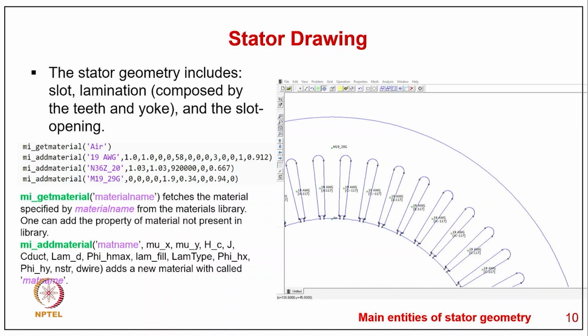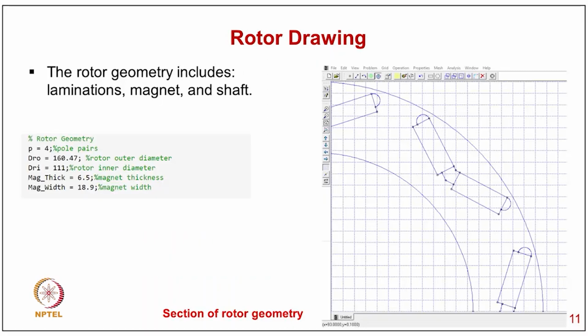One can add the properties of a material not present in the library. And mi_addmaterial with mu x, mu y, and so on adds a new material called matname.